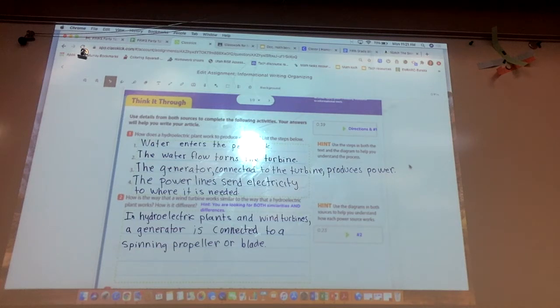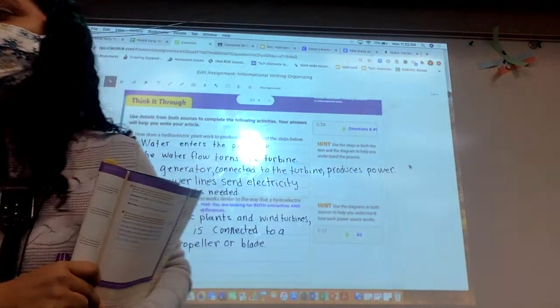So now let's think about how they are the same. Okay, so now in contrast, how are they different? One uses water and one uses wind. Okay.